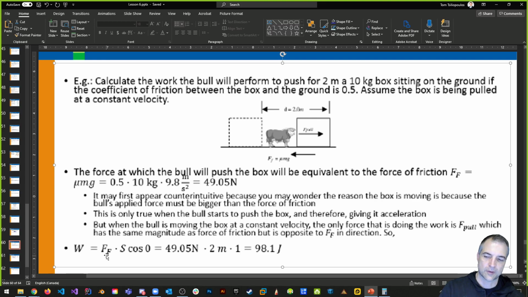When we start subbing things in, we know the force of friction is what we care about, because it says to assume that the box is being pulled at a constant velocity. This is the box, let's say, and we're going to go over here.